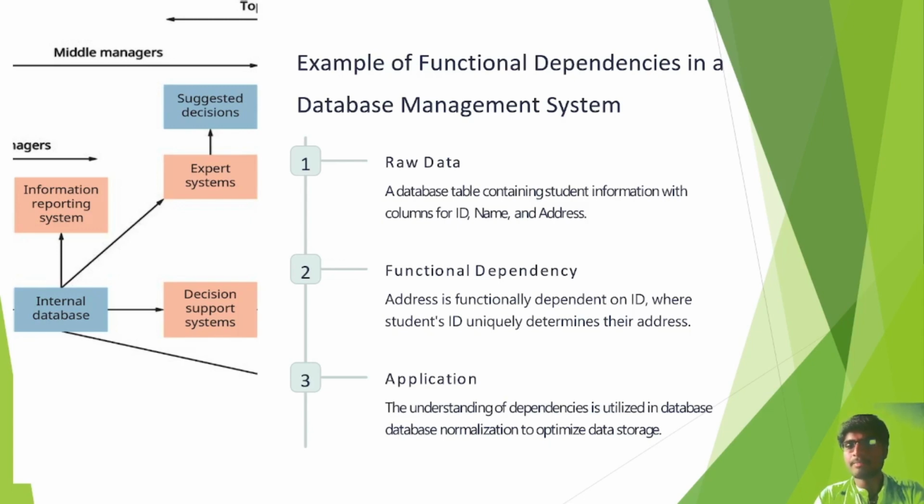A student ID is assigned in ascending order, so we can easily identify who will be the next one or who will be the previous one. We can easily identify it, right? So student ID is the primary key.